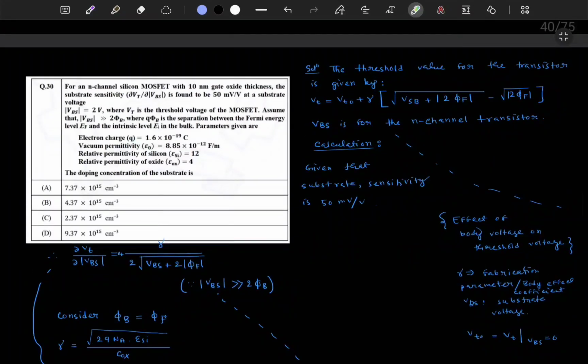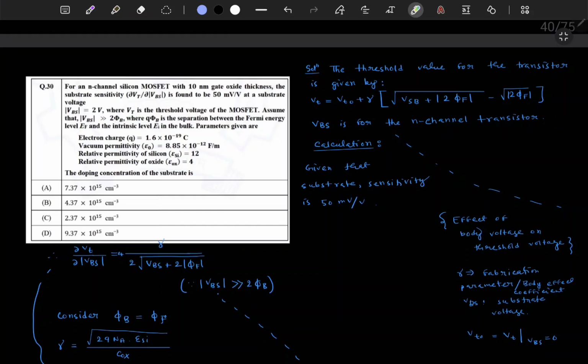Now here let's discuss a little concept. The threshold voltage for the transistor is given by Vt equal to Vto plus gamma into root under VSB plus mod of 2 phi f minus root under 2 phi f, bracket close. Here VBS is for the n channel transistor.